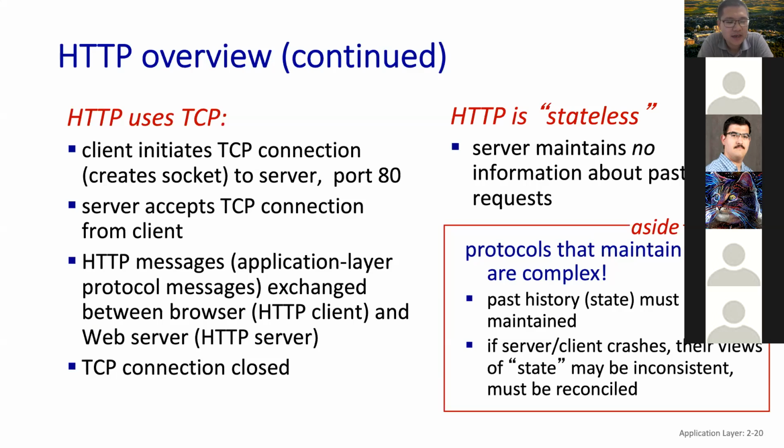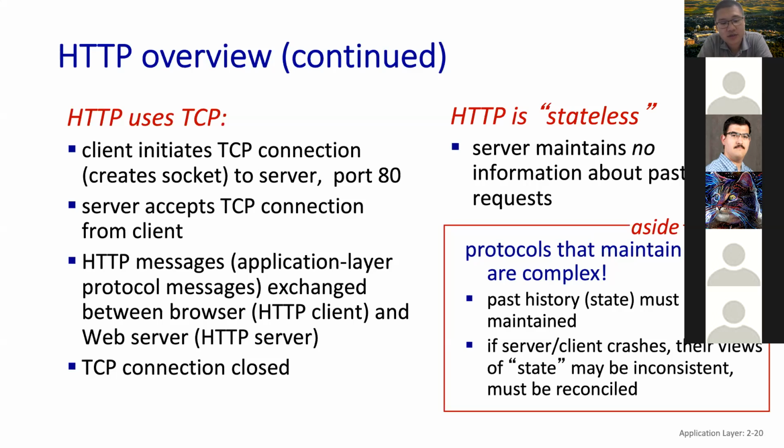So the client initiates the TCP connection and creates a socket to the server port 80. I still remember, if you want to establish a socket, or you want to talk to different processes running in the host, you have to give the IP and the port number, so you have to provide the URL here.